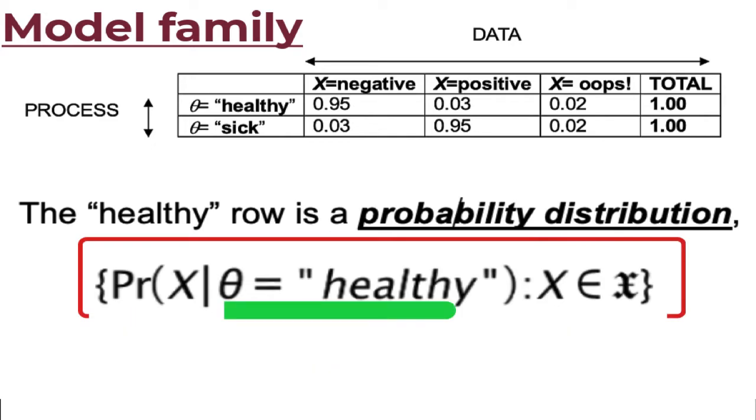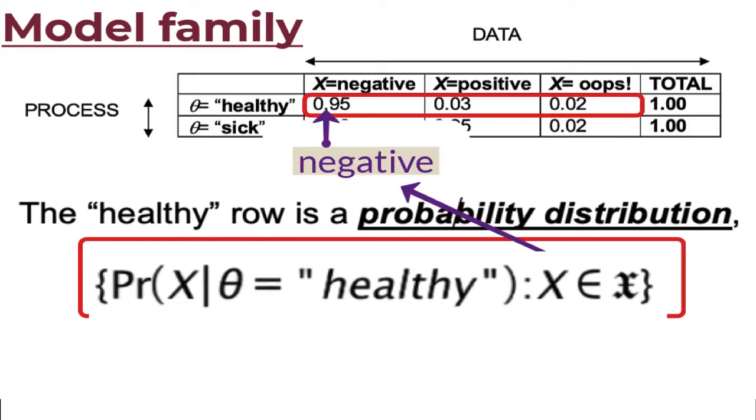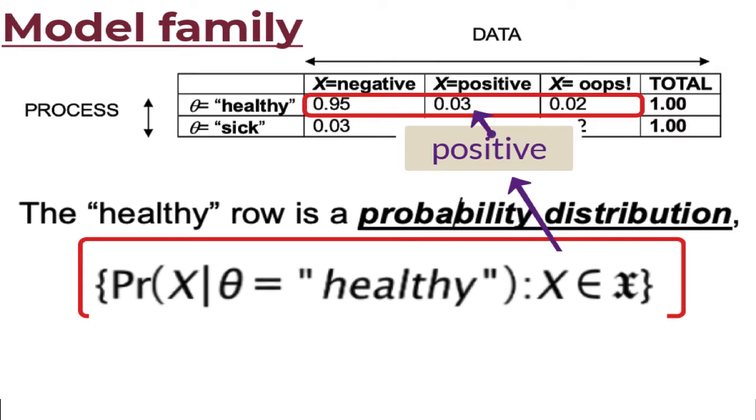If theta equals healthy, the probability distribution is given by these three numbers, 0.95, 0.03, and 0.02. And what you're seeing here is a function or a map or an indexed set where you map from the value of x to the number, value of x to the number, value of x to the number.